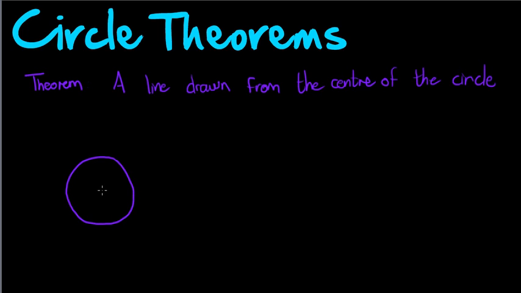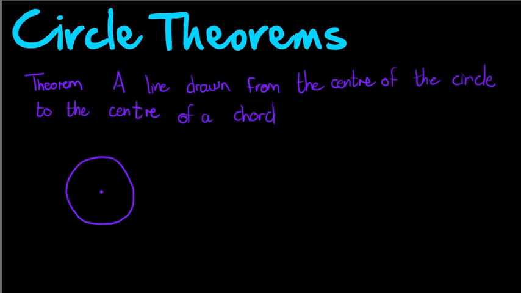Oh, that's not a bad circle. So I'm going to draw a line from the center of the circle to the center of a chord. Okay, let's stick with one spelling. Center of a chord.